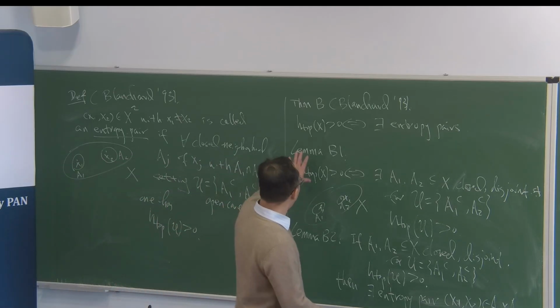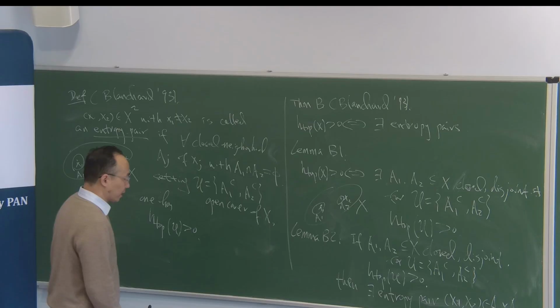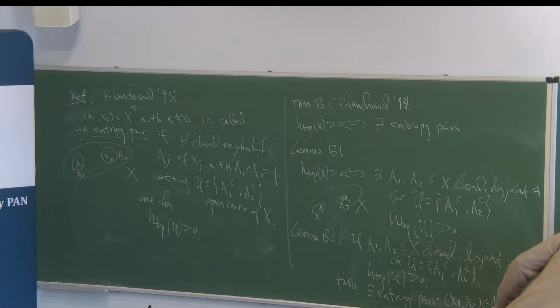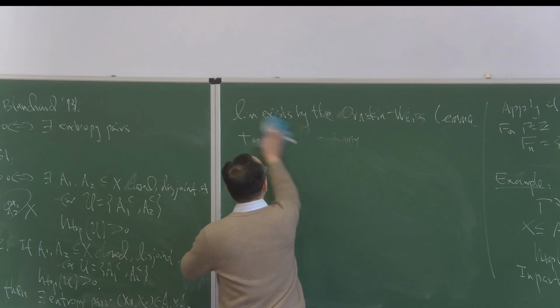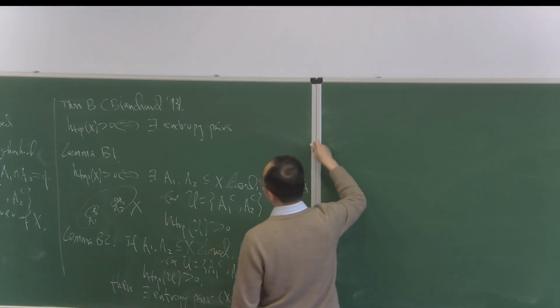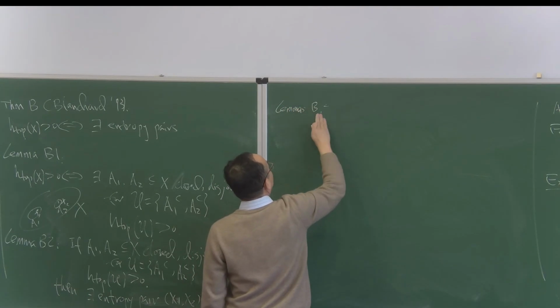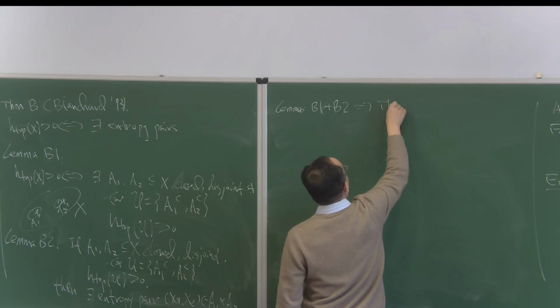Now let me explain the proof of the first lemma. I guess it should be quite clear that lemmas B1 plus B2 implies 3.